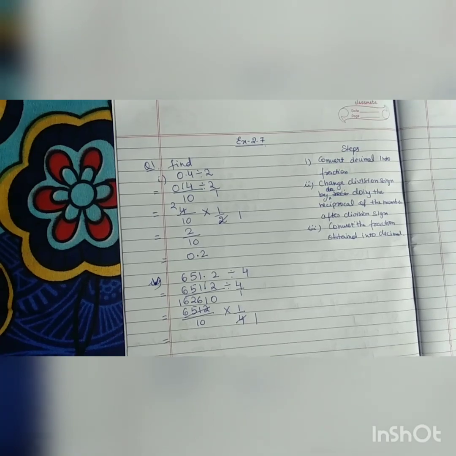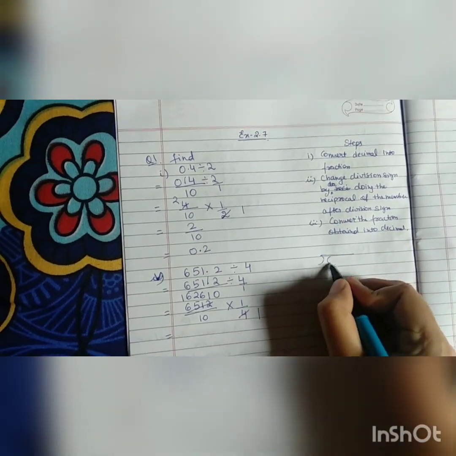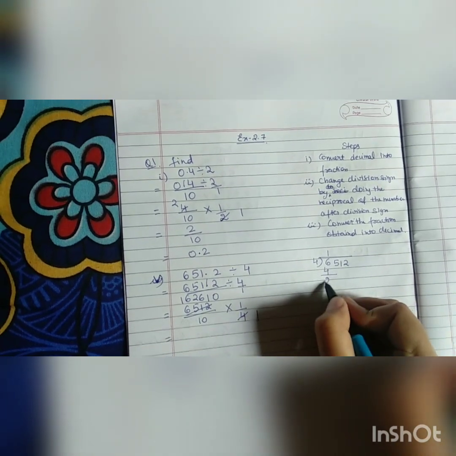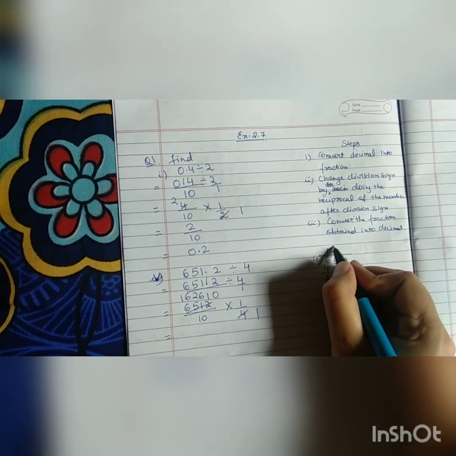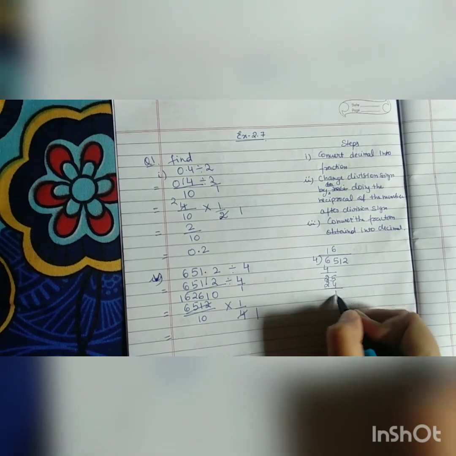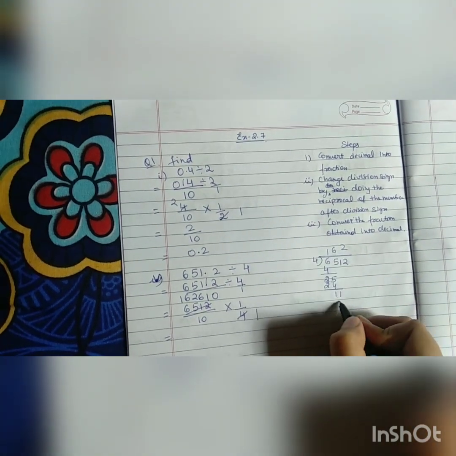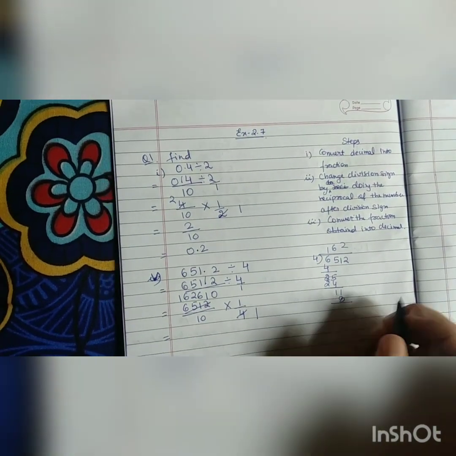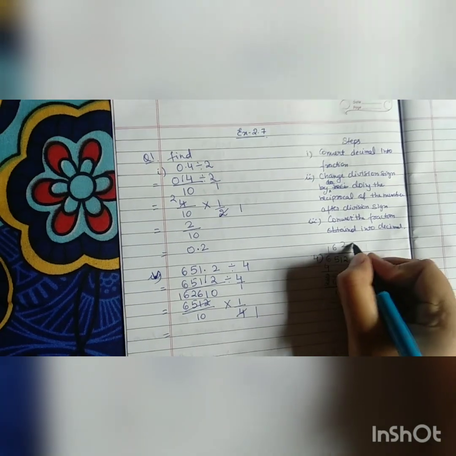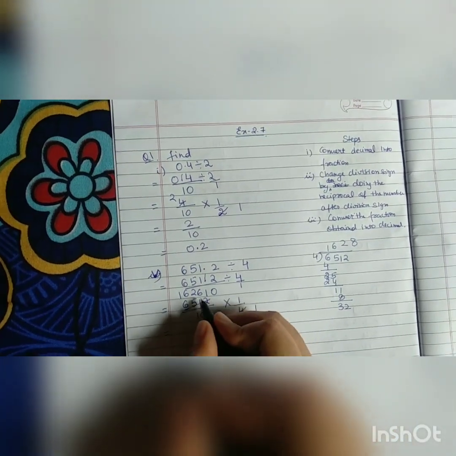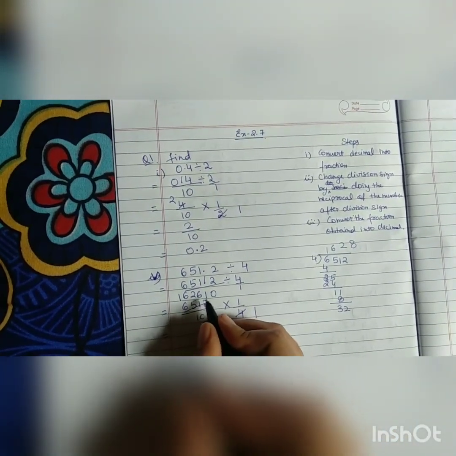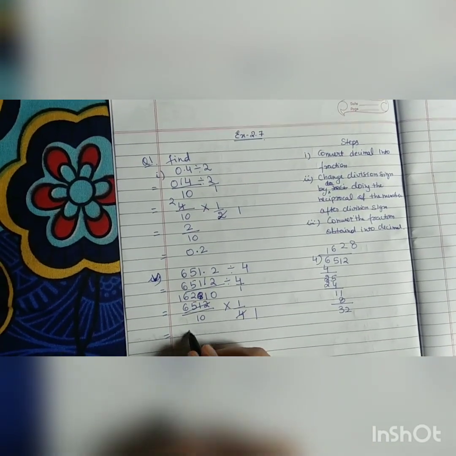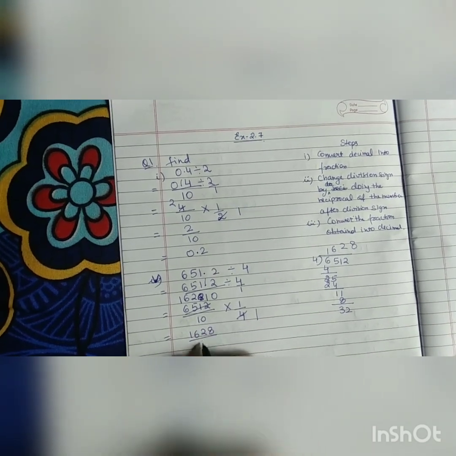We can check this by dividing here. Oh, it is 1628. Okay, 1628. So it is 1628 divided by 10.